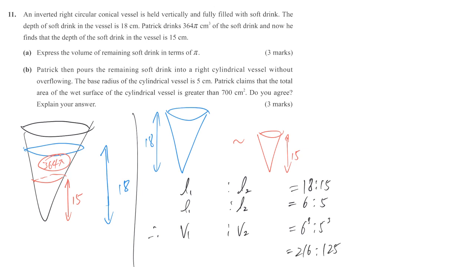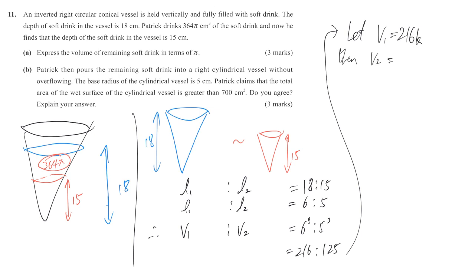And then this helps you let the volumes of the larger cone and the smaller cone be easy. If I let V1 equal to 216 units, K that means units, then what do you think about V2? 125 K.